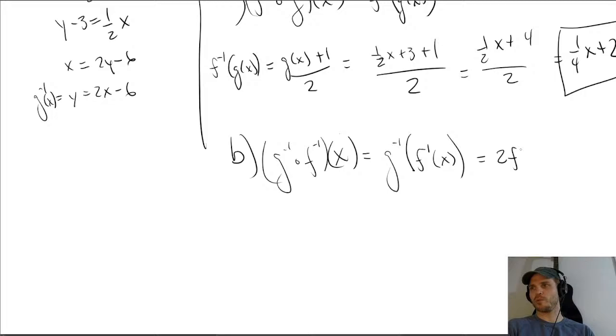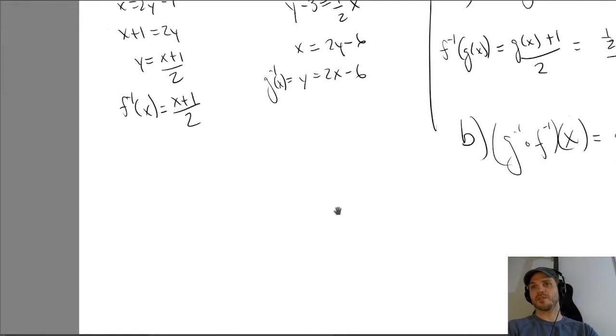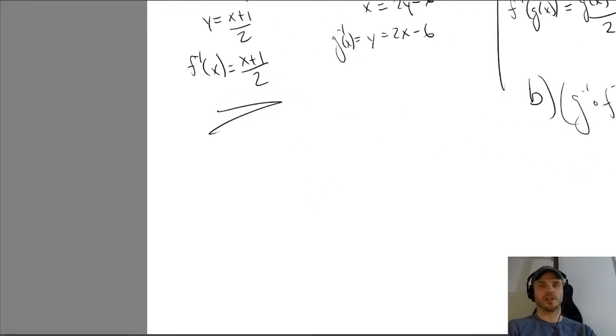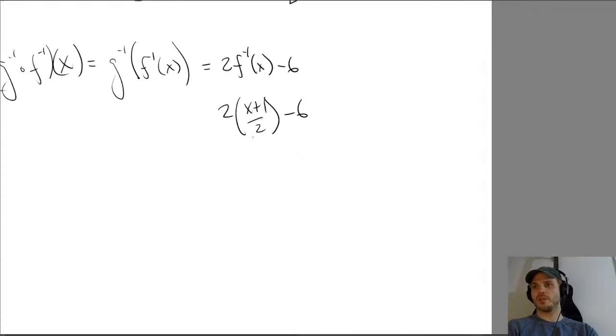So it's 2 f inverse of x minus 6, that's coming from here. And then we substitute f inverse for that: 2 times x plus 1 over 2 minus 6. We cancel our 2's, x plus 1 minus 6, and we get x minus 5.